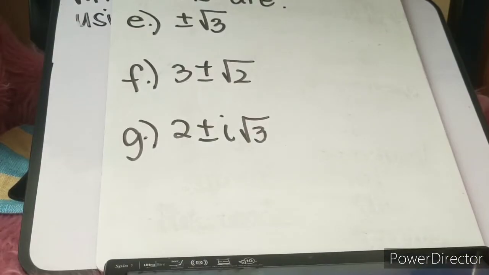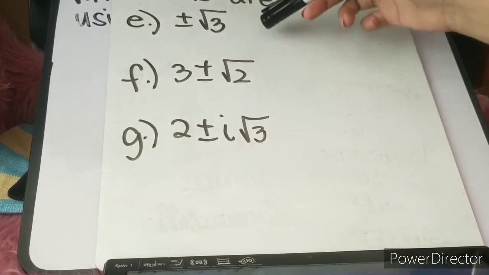We are still writing the quadratic equation given the roots. So we still have 3 remaining examples that I will show you. And this is a different case, although as you can see, pare-pareho silang may radical sign or square root. I will show you how to find the sum and product.